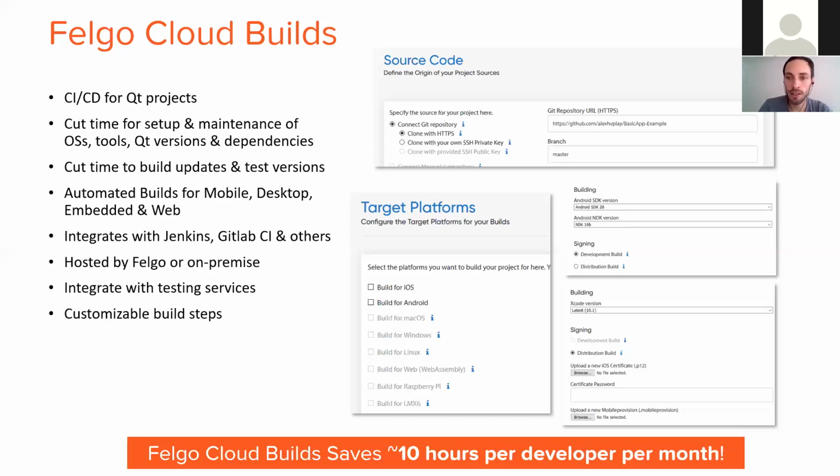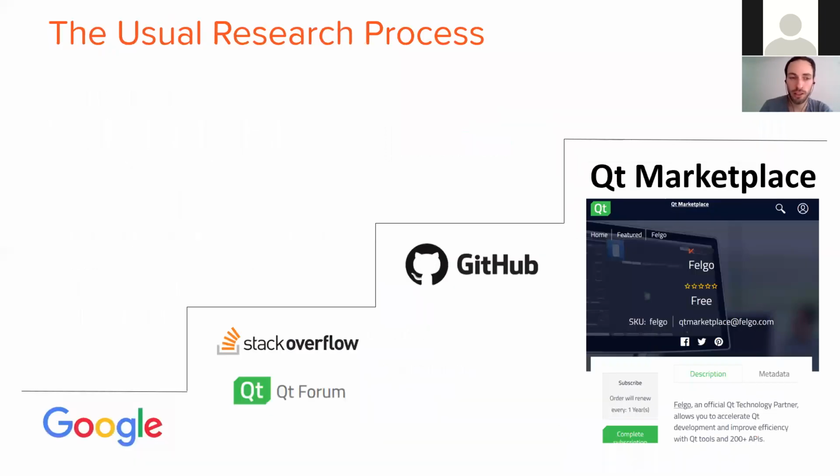I'd now like to highlight another and last topic that is often overlooked in the research process. The usual workflow is that a lot of research goes into solving project requirements. What's often overlooked is the option to also ask for professional help from any of the Qt service partners.